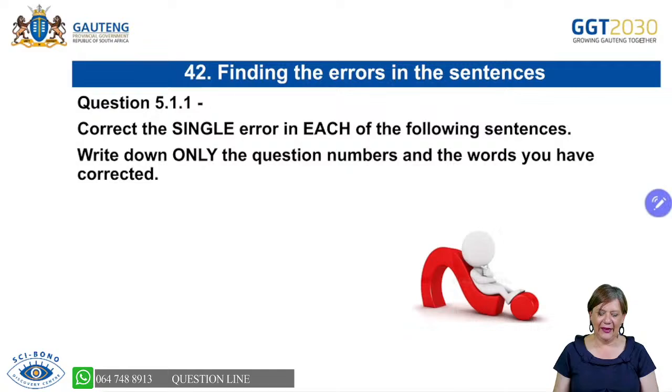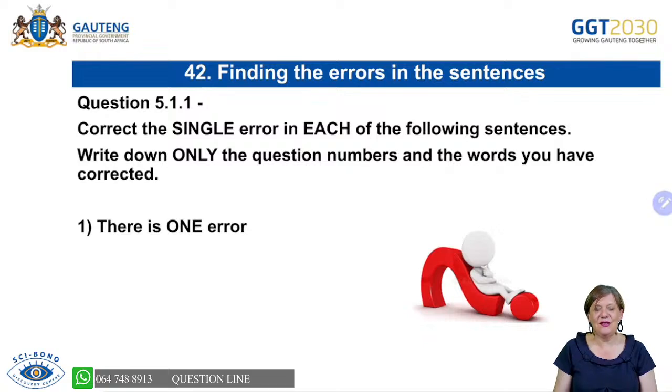Now, looking at that, your first question is probably the horrible question. Correct the single error in each of the following sentences. So we're going to give you 3 to 4 sentences and there are errors in it and you need to identify them. And you just have to write down the question number and the correct word. So you fix the error first. Now, where do you start?